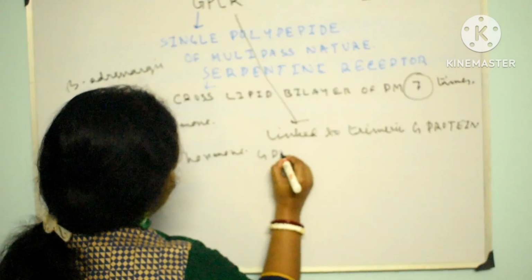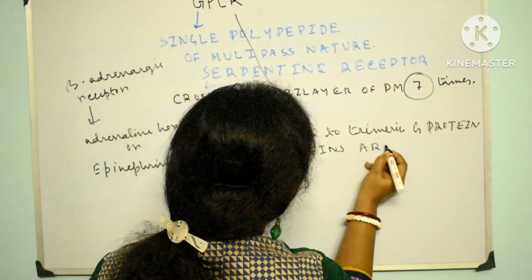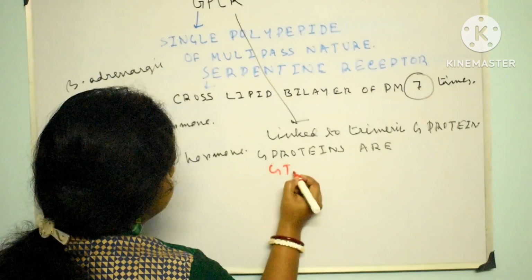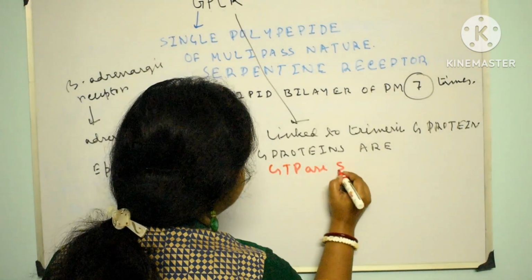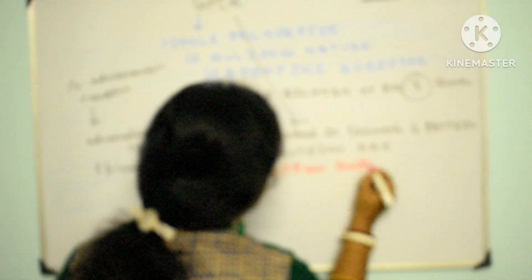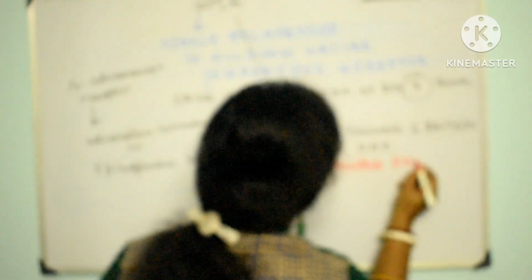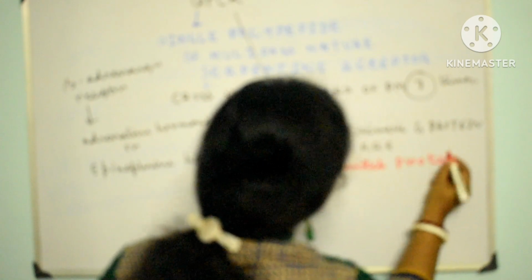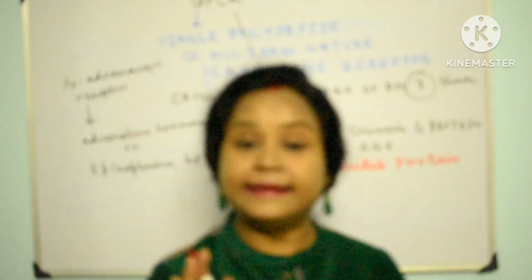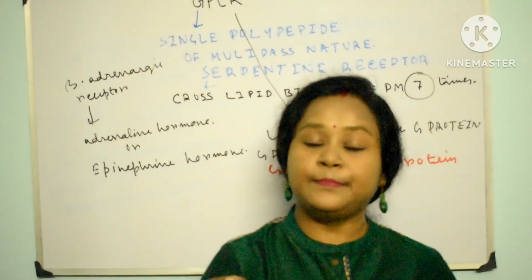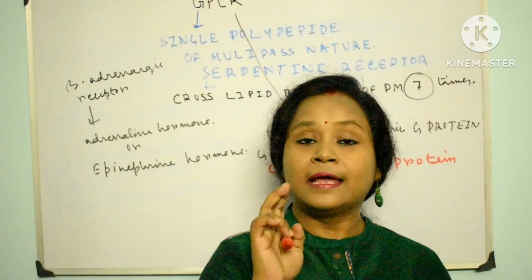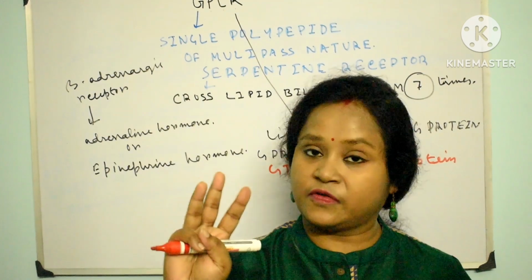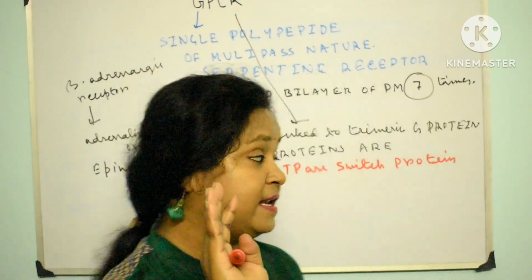G proteins are GTPase switch proteins. This is a very important concept. All of us are familiar with ATP. ATP, GTP, CTP, TTP all comprise 3 inorganic phosphates.